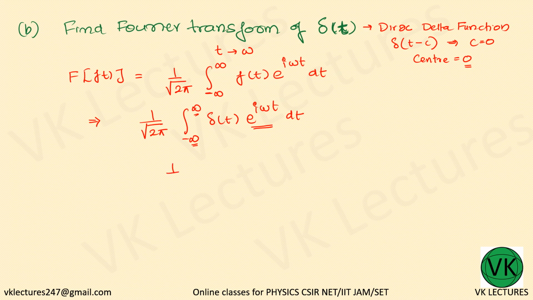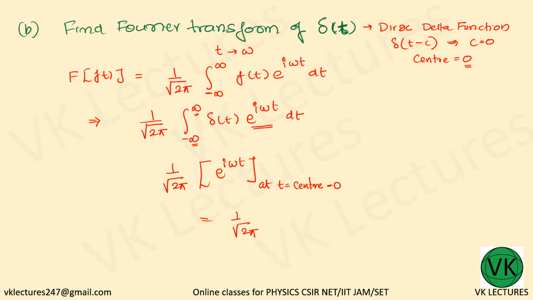So 1 divided by root of 2 pi into e to the power i omega t at t equal to the center. What is the center? The center is 0. So e to the power i omega into 0, that is e to the power 0, which becomes 1. So that's equal to 1 divided by root of 2 pi.